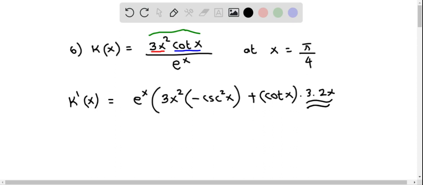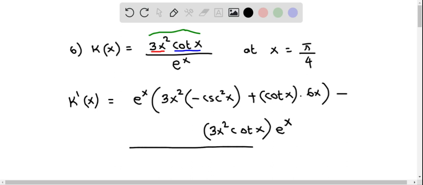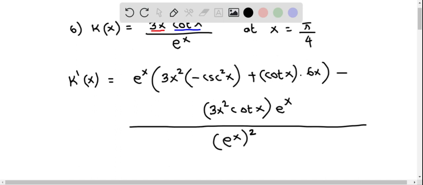So basically this is 6x. And then according to the quotient rule, we put minus. Now this time we put the numerator term, that is 3x squared cotangent of x, times the derivative of the denominator expression, that is the derivative of e power x, which equals e power x, and this should be all over the e power x quantity squared, that is the square of the denominator term.